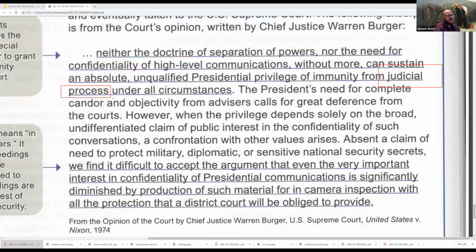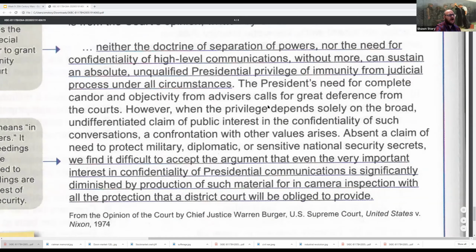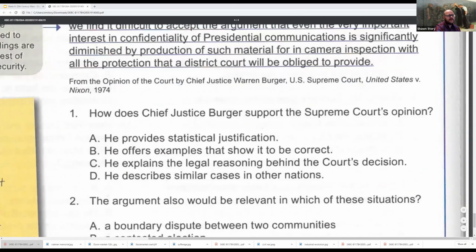Process, so the process of the courts. And since this is the Supreme Court, I would assume they're talking about the judicial process, the actual legal process of the courts. So I would say our correct answer is explain the legal reasoning behind the court's decision, C.